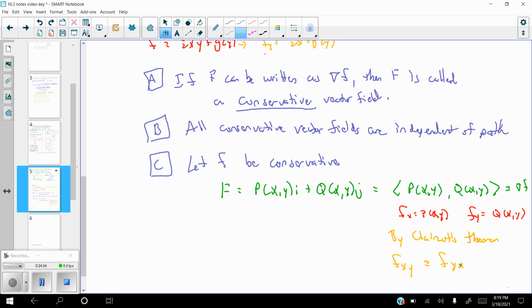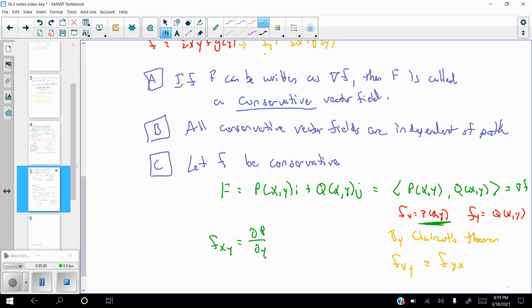Well, I know what f sub x is. That's P of xy. So then if I want to find f sub xy, that's going to be the partial of this with respect to y. So what that's going to be is dP/dy, the partial of P with respect to y.